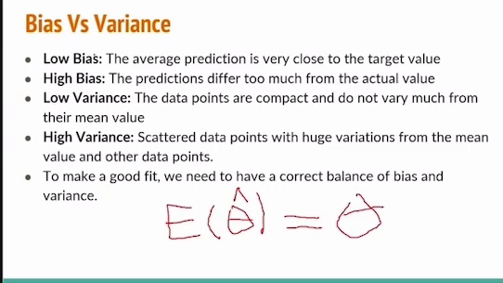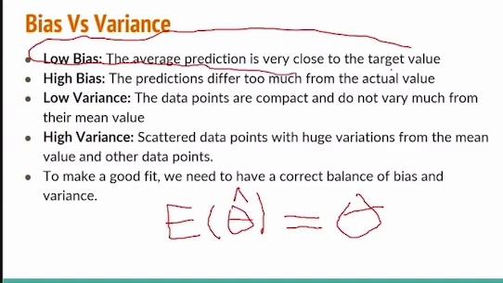Now, what I mean by low bias is that it is typically impossible to eradicate bias. This is just theoretical, and that is why we normally say on average.